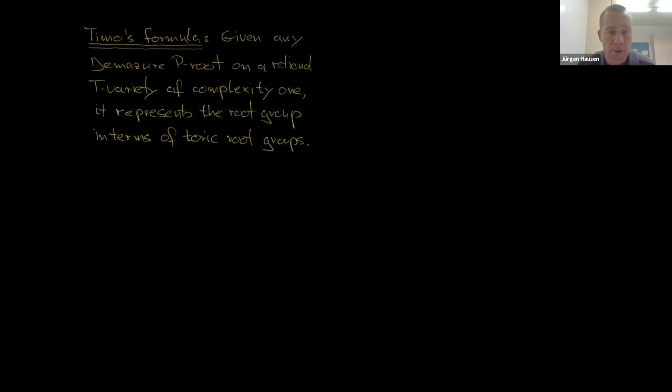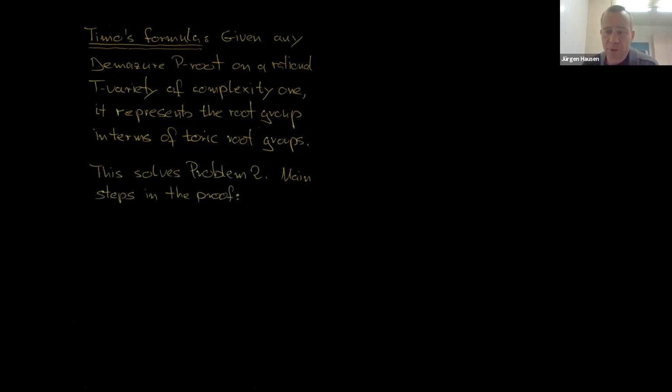So that means we have a way to put our hands on the root groups without these big nasty computations. So this solves problem 2, that it got too nasty to compute with the Demazure P root groups.